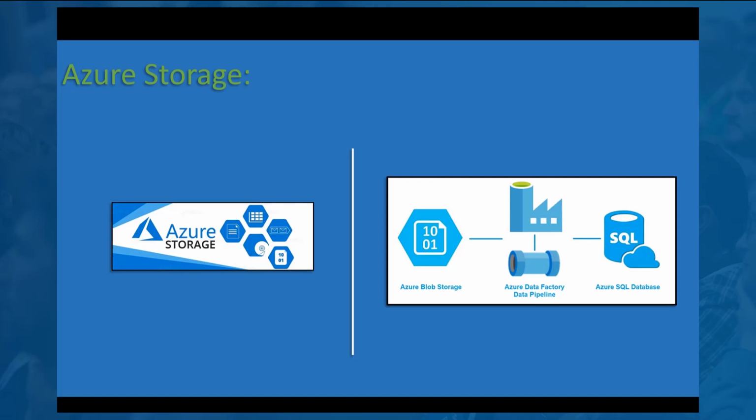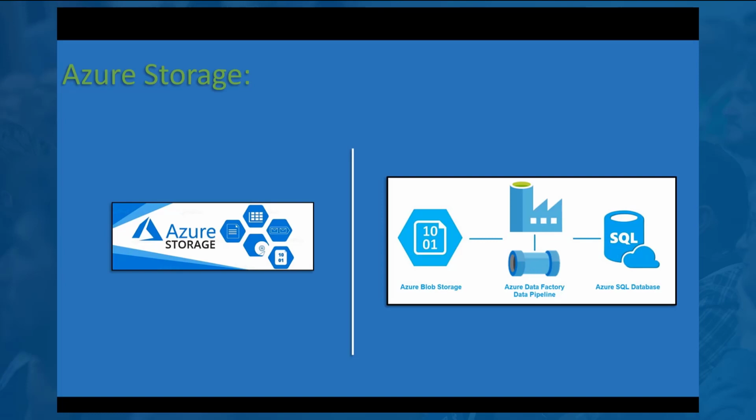So the core storage services, the Azure Storage Platform includes the following. Azure Blobs, which is a massively scalable object store for text and binary data. It also includes support for big data analytics through things like Data Lake Storage Gen 2. It also has Azure Files, which is managed file shares for cloud or on-premise deployments.